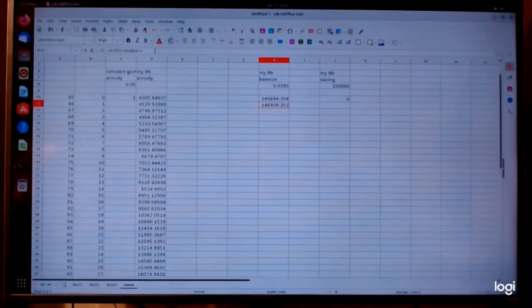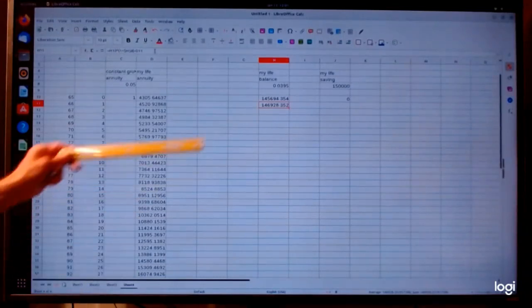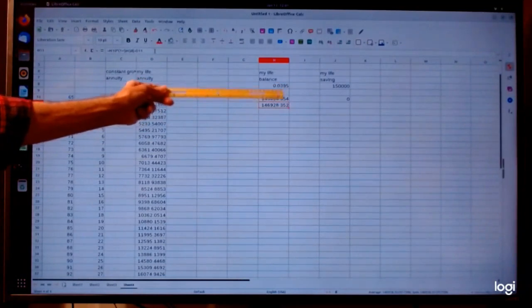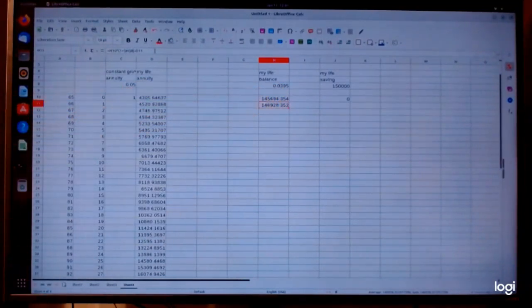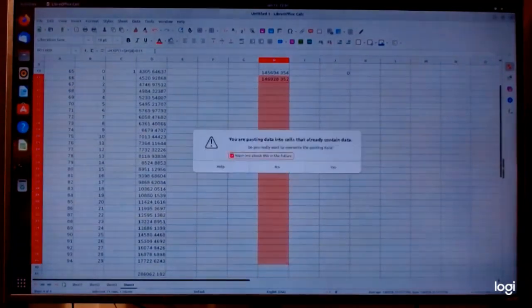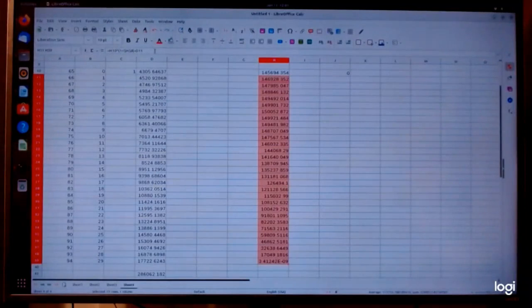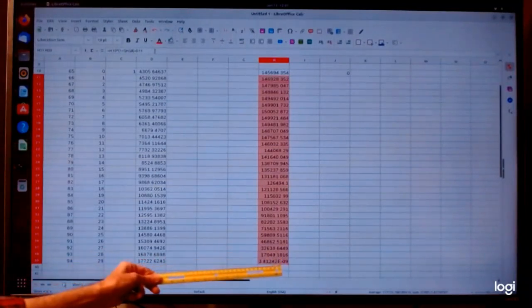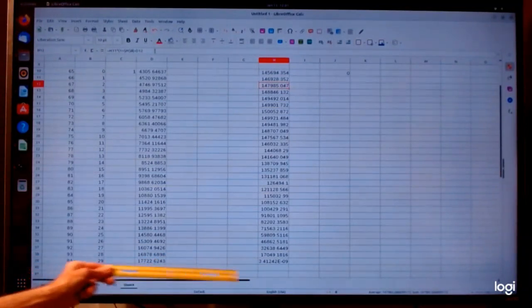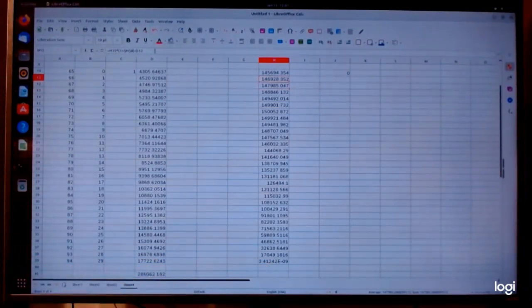Yeah, there we go. Our balance is yielding this interest. Let's see, so we can copy. And there. So our balance went to zero right there in year 30. Year 29 had 30 payments.